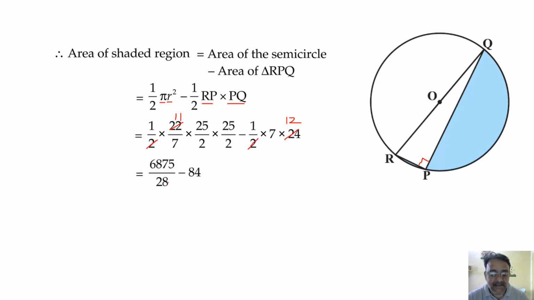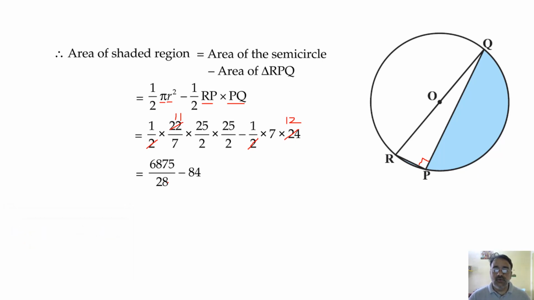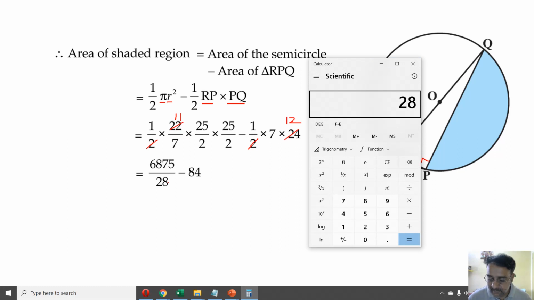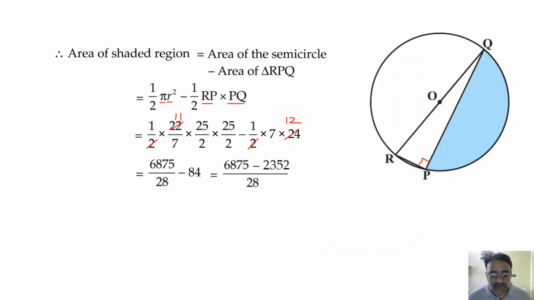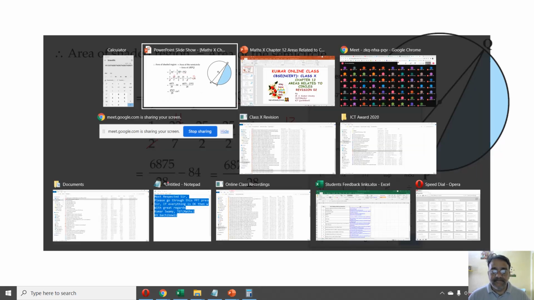Now we'll take LCM. 28 into 84, 2352. फिर हम लोग 6875 minus 2352 करेंगे. 4523. So 4523 by 28, and approximately this is equal to 161.53.